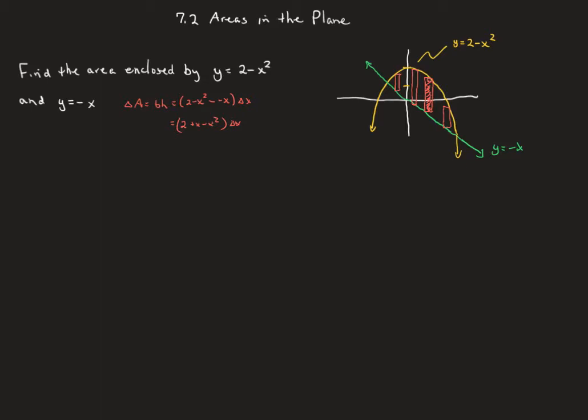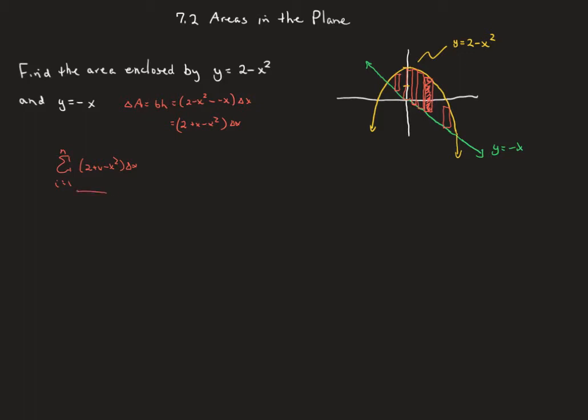We would imagine extending that and filling this whole thing up with rectangles and adding all of those, which would become a sum. It's going to be a Riemann sum, where we're taking that 2 plus x minus x squared times delta x, and adding those up with n rectangles.